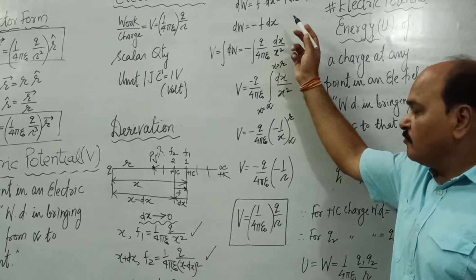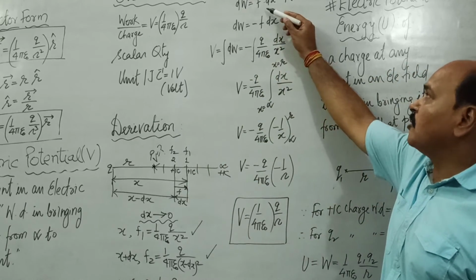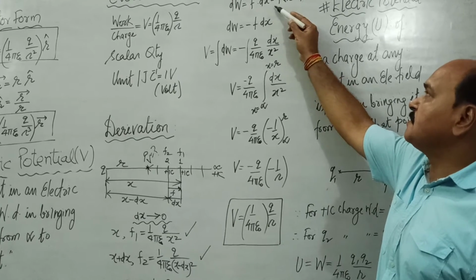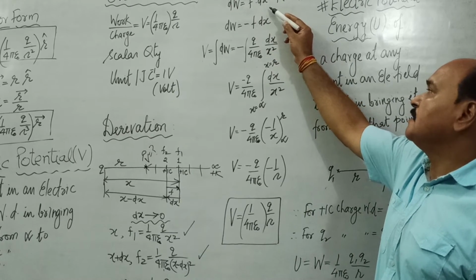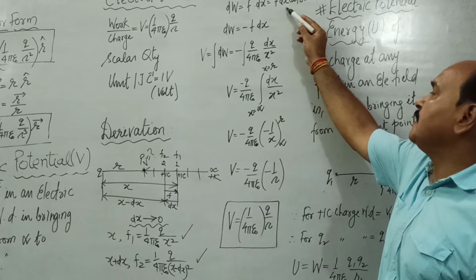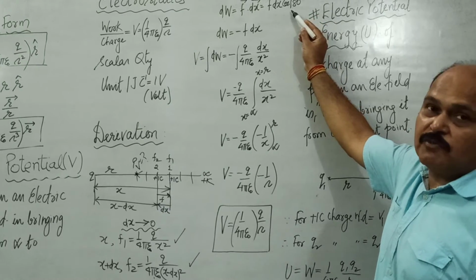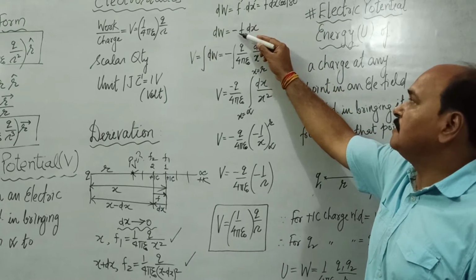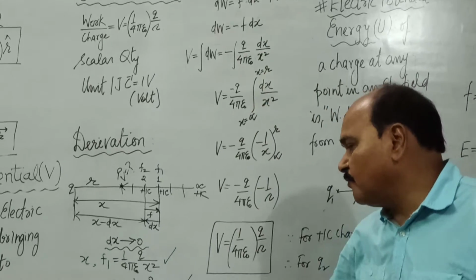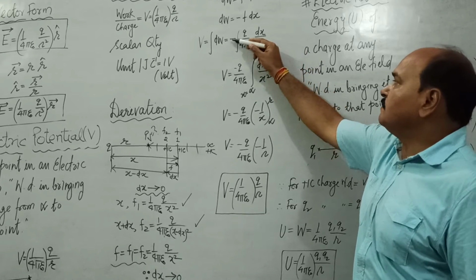Work done for this very small displacement is going to be what? Dot product of force and displacement vectors. Since force and displacement are anti-parallel vectors, the angle between them is 180. So F dot dx is F dx cos theta. Theta is 180, and cos of 180 is what? Minus 1. So we get a negative sign here. If we substitute the value of force here, q upon 4 pi epsilon naught x square, multiplied with dx with a negative sign.